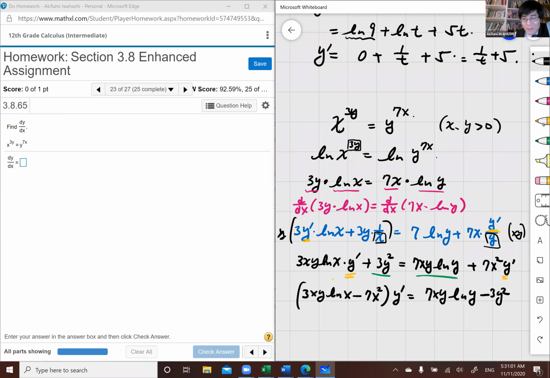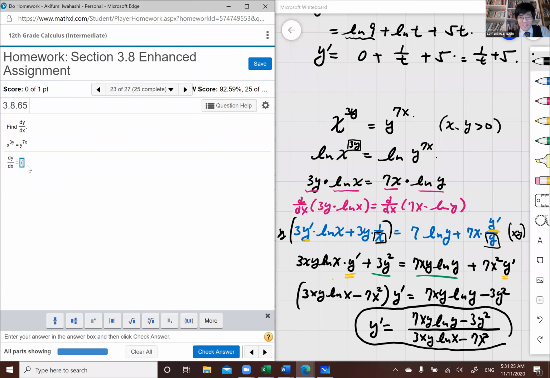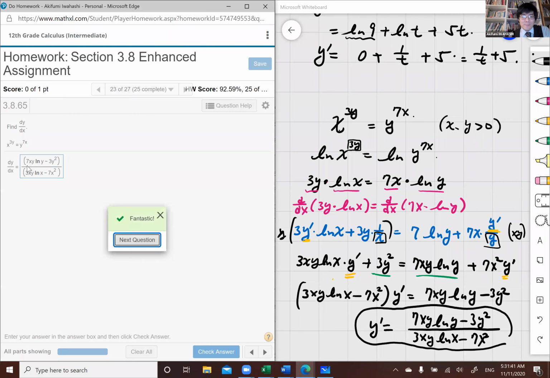So y dash is equal to 7xy ln y minus 3y squared, divided by 3xy ln x minus 7x squared. Okay, so that's y dash. That's kind of long.